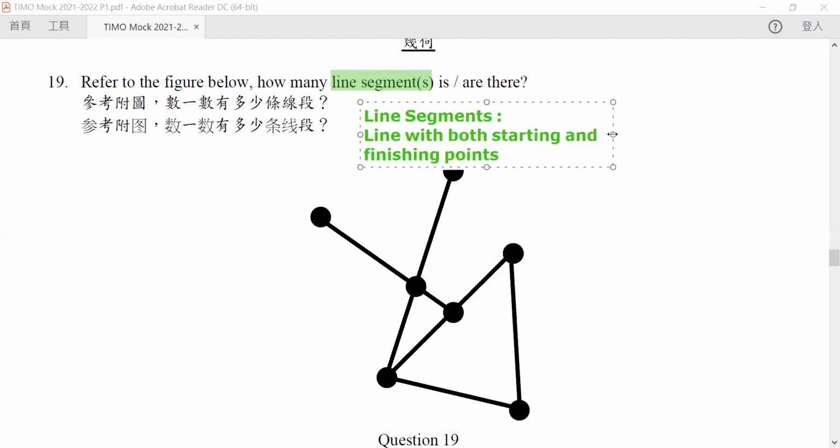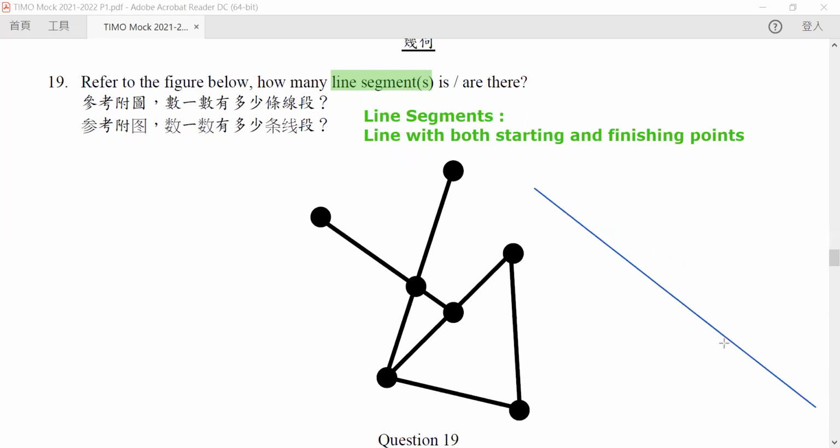Now, usually if I just give you a line, it will not have any starting and finishing point. Although if we draw a line, it must start from somewhere and end somewhere, usually when we say line, we mean a line of infinite length. It will extend all the way to places outside of the screen.